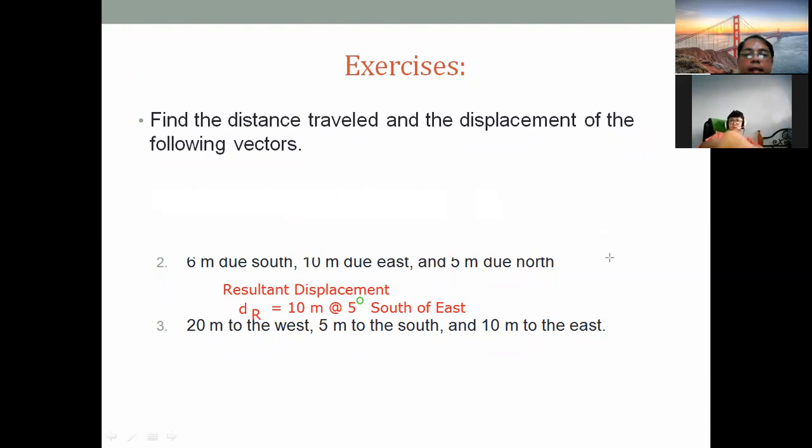Our conditions are: D1 is 6 meters south, D2 is 10 meters east, and D3 is 5 meters north. So these are our three values. We will try to draw this.